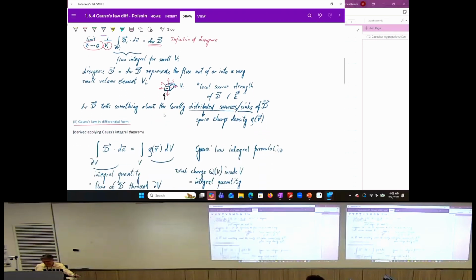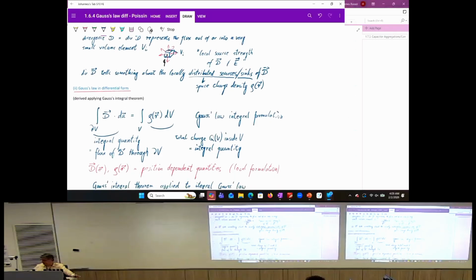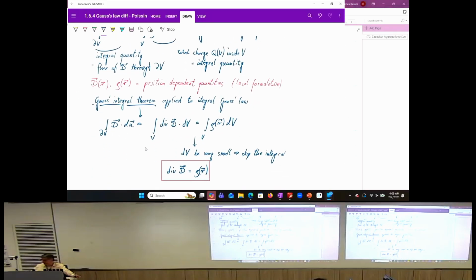And so as an alternative to the Gauss law in integral form, we have obtained a different formulation in differential form. That differential form will be useful later when we get to Maxwell's equations. You can get this in integral form, or you can get this in this more local differential form.